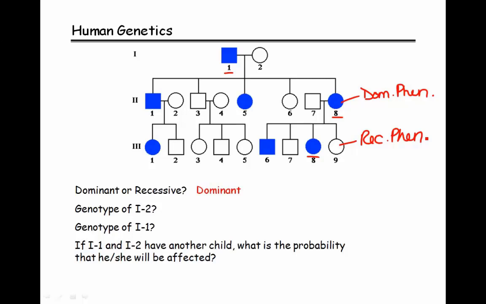So if we use the letter A, and we want to know what is the genotype of Roman numeral 1, 2, that would be this individual right here. If we use A's, keep in mind that if it is white, it is going to be the recessive phenotype. So that one's going to be little a, little a. In fact, all of the white ones would be little a's. So you could go through and write it on every single one of them if you wanted.